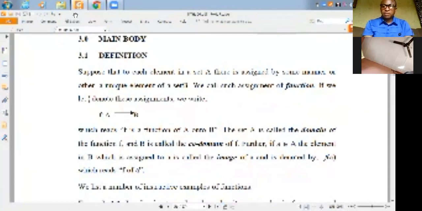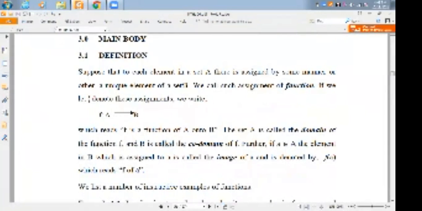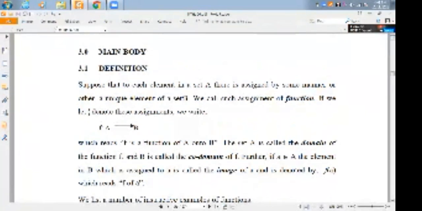I think you can all see my screen being shared with you. Yes, sir, but it's not clear, sir. It's not clear. Why is it that we have our course material with us now? Is the screen here? Now you can see.